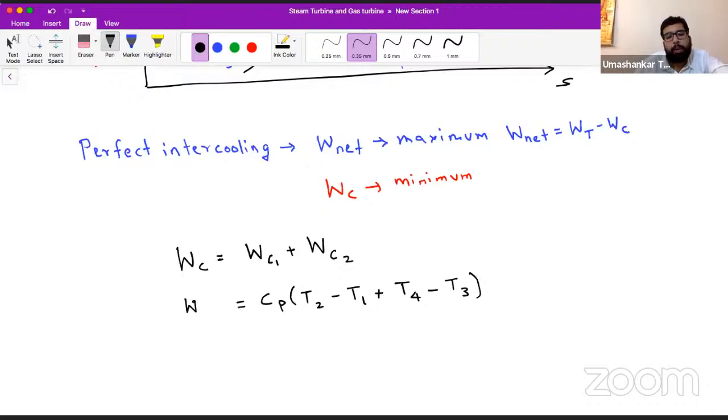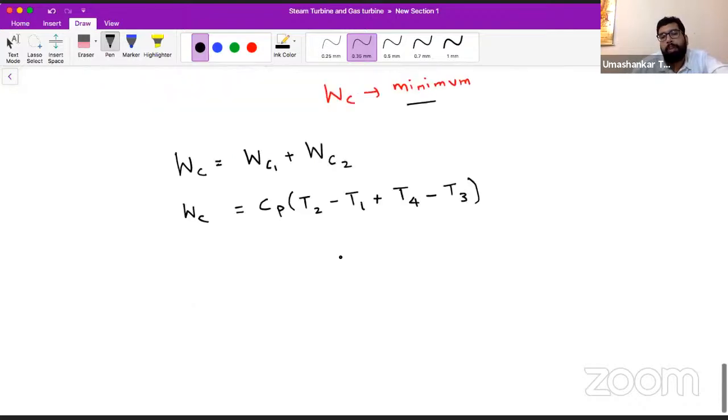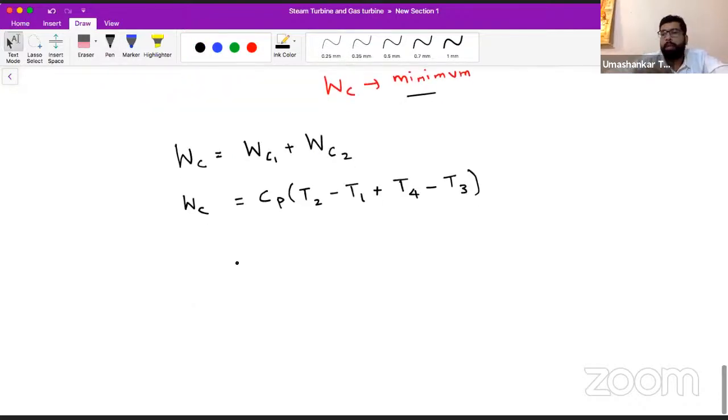Now, as I told you in the previous sessions also, whenever we see something like minimum and maximum, we have to use the maxima-minima concept. So we need to develop this expression into some variable, differentiate it and put it equal to 0, as we usually do in maxima-minima. So let us see what we can do.